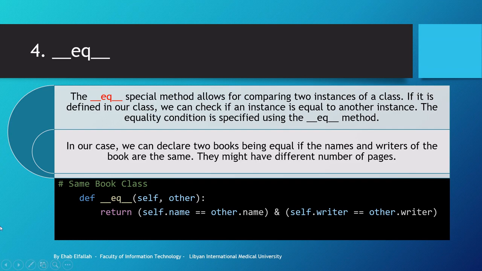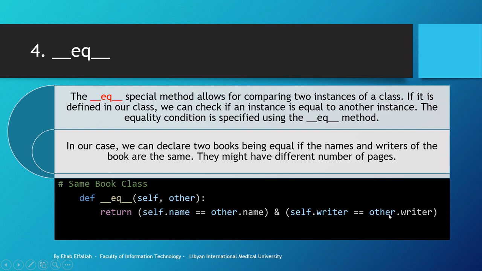So here we defined a special method called EQ. It will receive self and the other book that we want to compare, and will return self.name equal to other.name and the same for the writer. If this is true and this is true, then it will return true, and if this is false and this is true, it will return false, because here we have the AND operator.